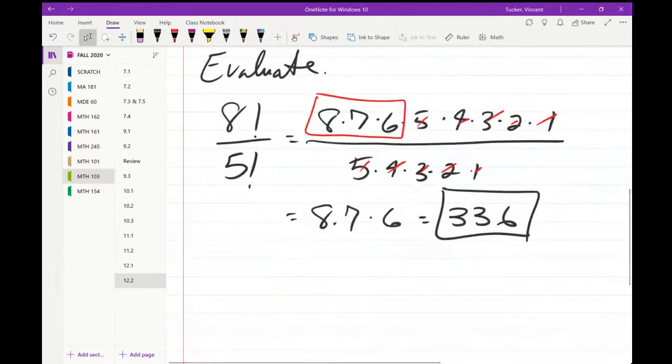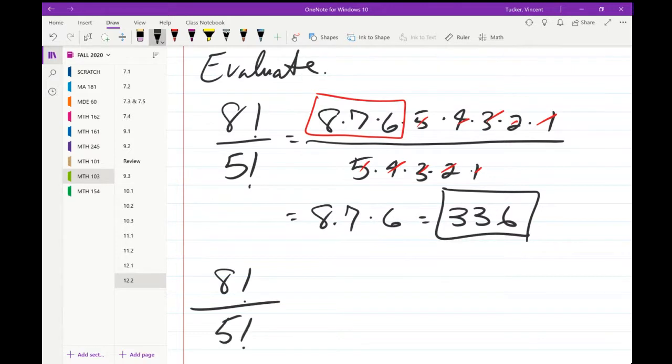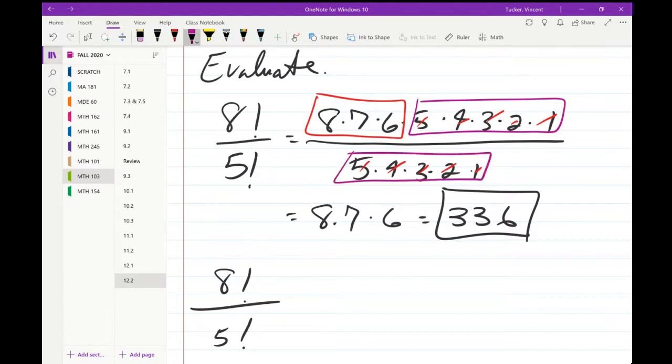Now that's the long way of doing this, because if you had 100 factorial over, let's say, 98 factorial, what you do not want to have to do is write out 100 numbers and then write out 98 numbers in order to see the process. So here, notice we had 5, 4, 3, 2, 1. And here we have 5, 4, 3, 2, 1.